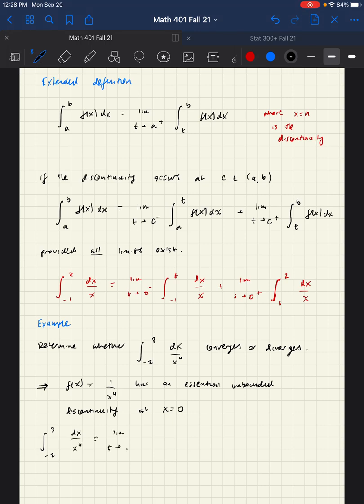So this integral becomes the limit as t approaches 0 from the left of the integral from -2 to t of dx over x to the 4th, plus the limit as s approaches 0 from the right of the integral from s to 3 of dx over x to the 4th.